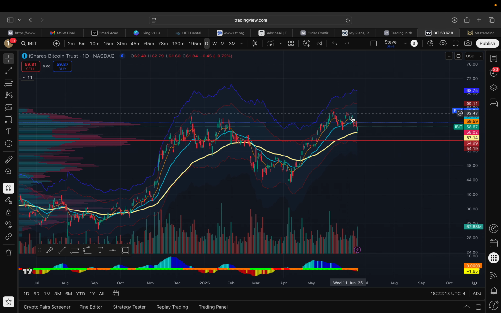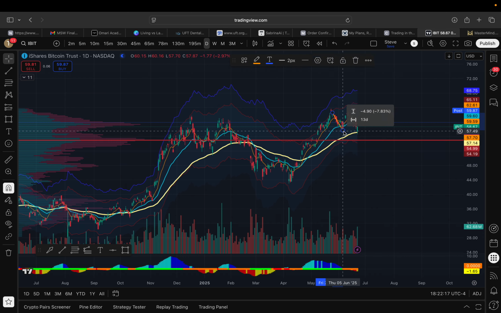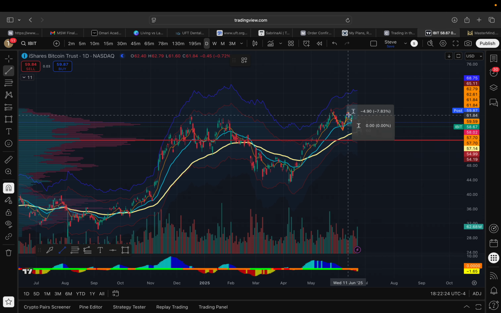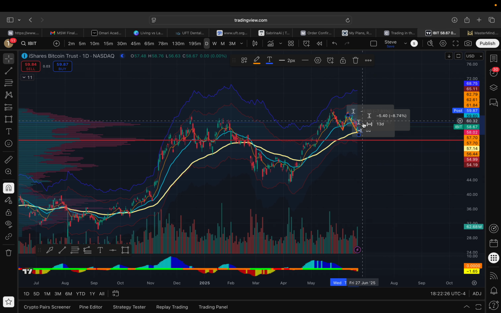This shape here that looks like an N, and it goes like that, is what we call a two-step pattern, or a possible two-step pattern.